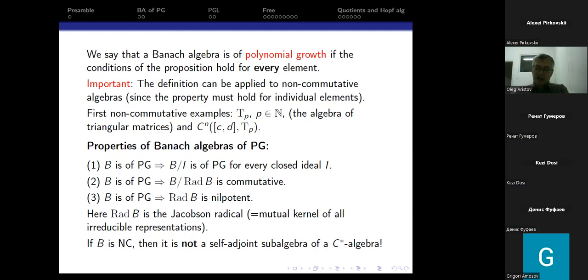And the radical itself has the property that it is nilpotent as a subset of B. By radical, I mean the Jacobson radical, the mutual kernel of all irreducible representations. And note that if B is not commutative, then it is not a self-adjoint subalgebra of a C*-algebra.